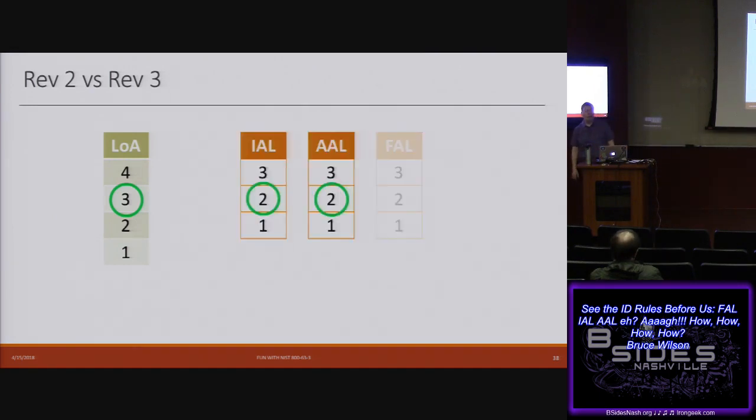What does that look like in Rev 3? It could be an IAL 2, AAL 2, and a lot of them are. But actually in this particular case, that LOA 3 translated to an IAL and an AAL of 3. So it's not necessarily a one-to-one mapping, and I'm going to dig into that.